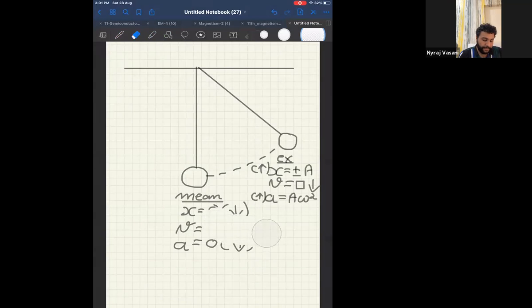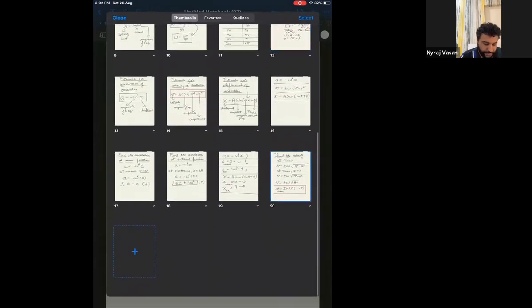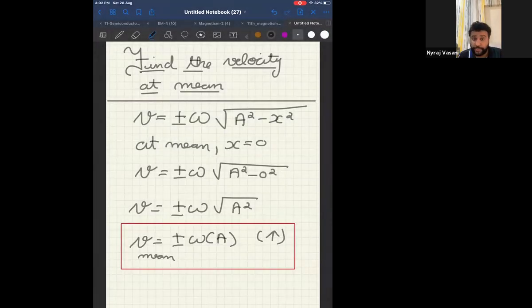Now I can remove this and write velocity is equal to a omega, which is maximum. Understood? Yes, sir. So I will go back to this page. Now you guys make a note. And I'm very happy most of you gave me the right answer. This is good. I'll do one more small derivation and then I'll start with the summary again. That is the revision. So make a note of this.